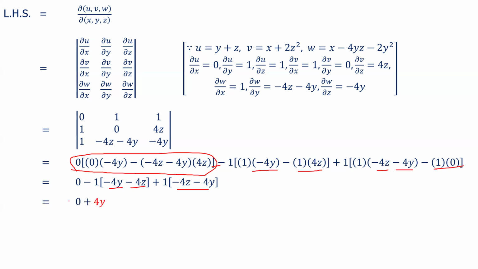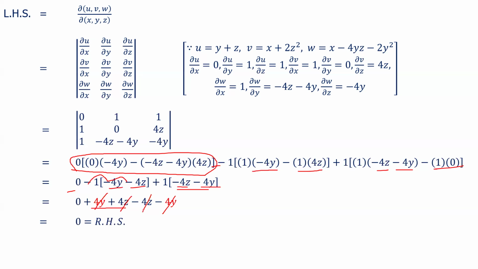If we simplify it, this minus and minus will become plus. So 4y plus 4z, and it is minus 4z minus 4y. So plus 4y minus 4y plus 4z minus 4z. Ultimately the answer is 0, which is the right hand side.